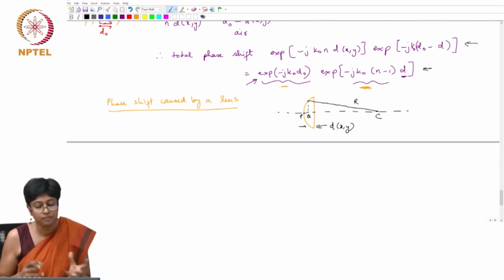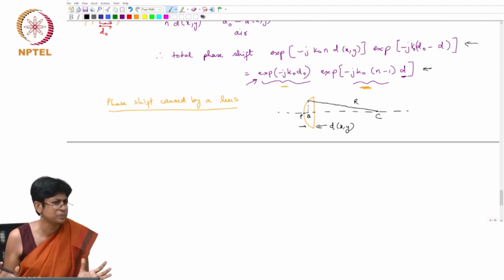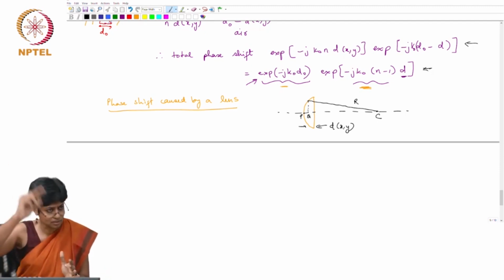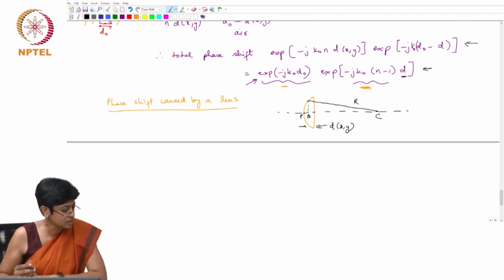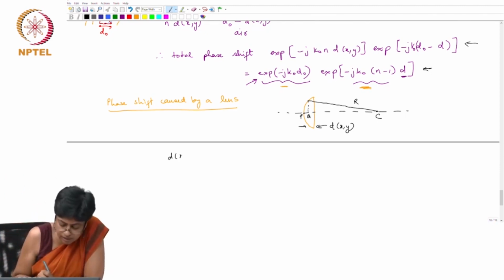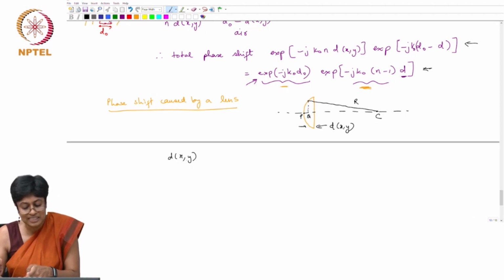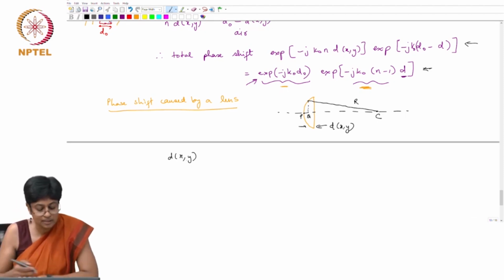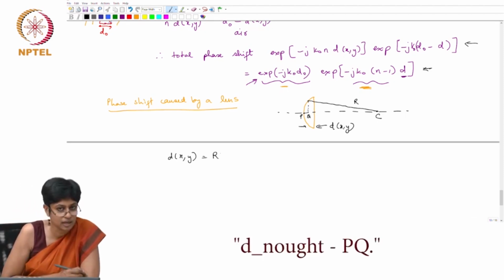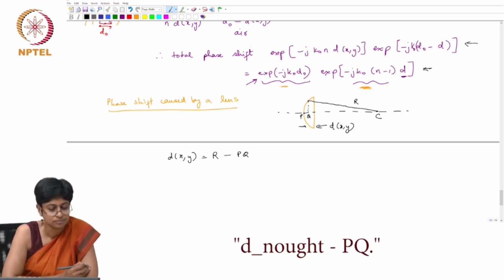Right? So how do I find out an expression for d of xy? So I can use some simple geometry over here. We have used a plano-convex lens. That means this is spherical in nature, right? So d of xy, the thickness anywhere is going to be this distance PC, which is nothing but the radius of curvature R minus PQ.